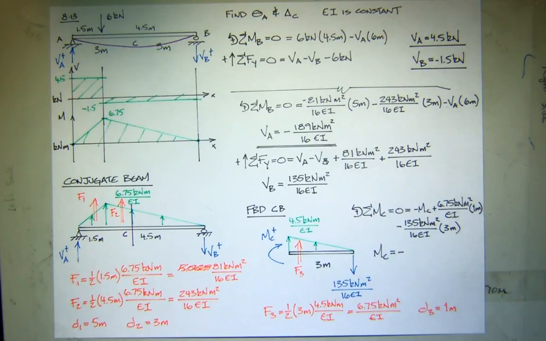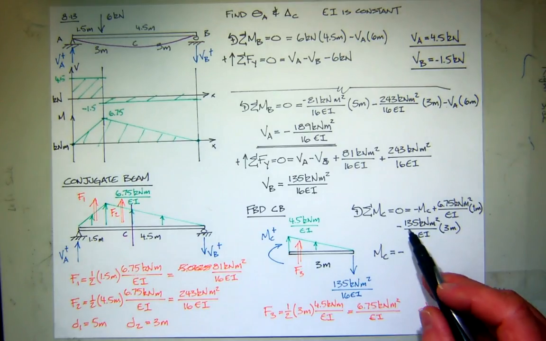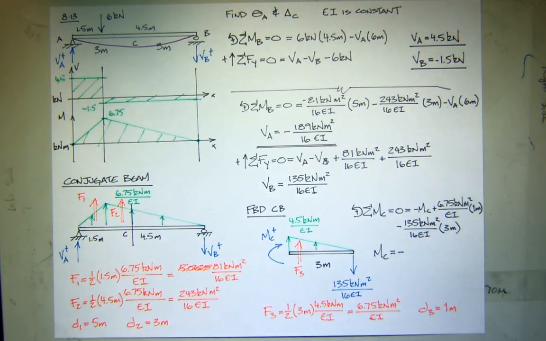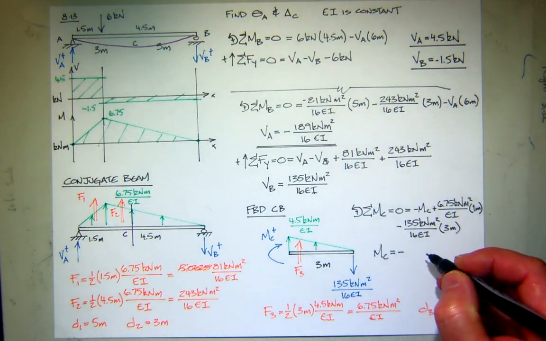You guys can do that for me, right? 135 times 3 divided by 16, and then subtract 6.75. What do you get? No one? Bueller? I got negative 18.5625. Anybody else get negative 18 point something?